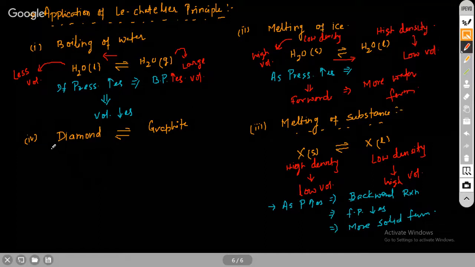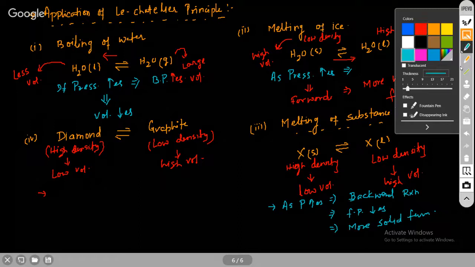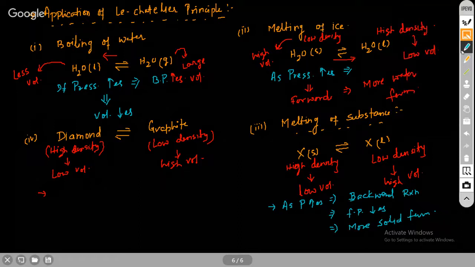The density of diamond is high, and graphite has low density. High density means low volume. Low density means high volume. As pressure increases, the reaction goes backward and more diamond forms in this case.